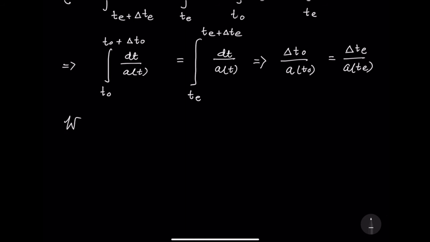So we choose A at T0, the present time, equals 1.